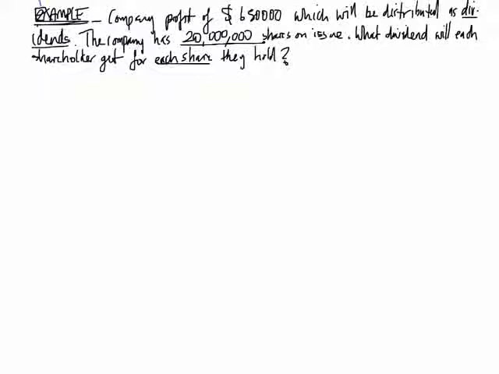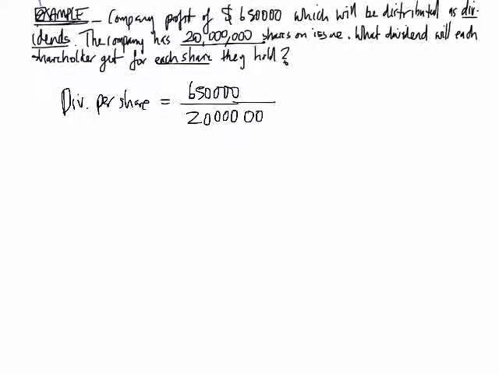Well, using that formula, the dividend per share is going to be the total dividend of 650,000 divided by 20 million. And you'll notice this is actually the example from the book, and they made a mistake here, obviously, because the number of shares is not in dollars.